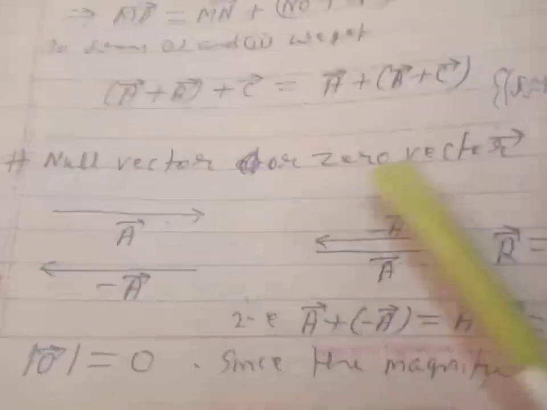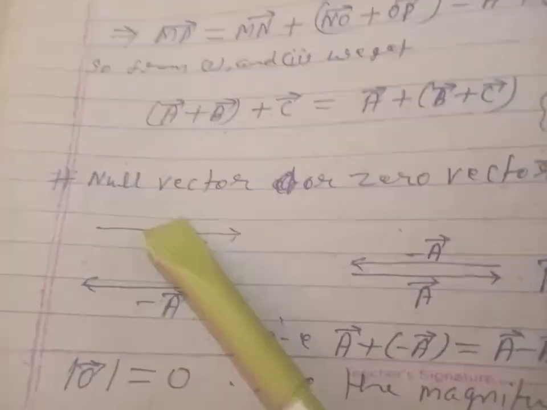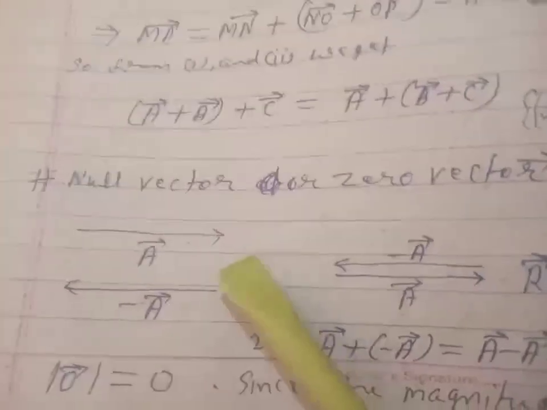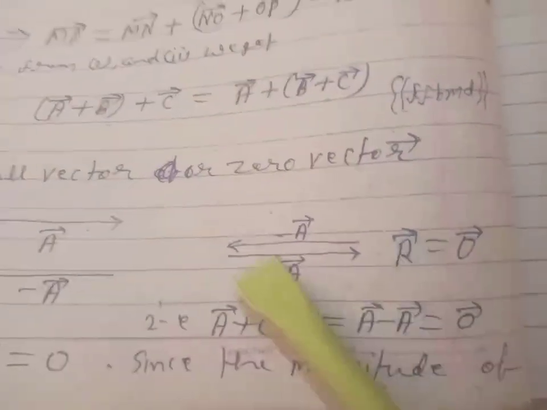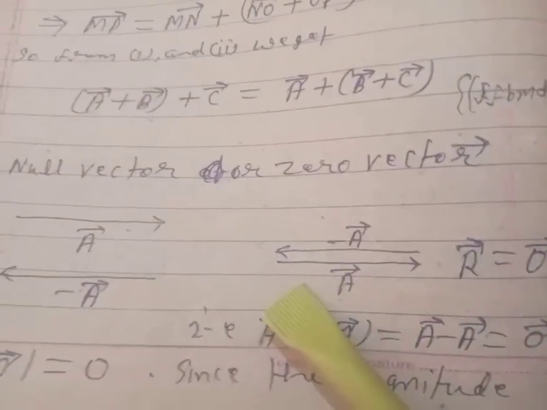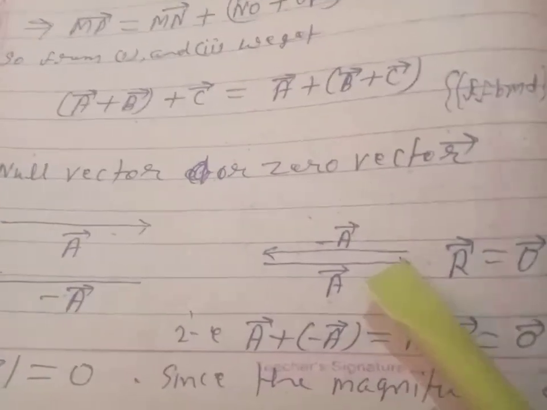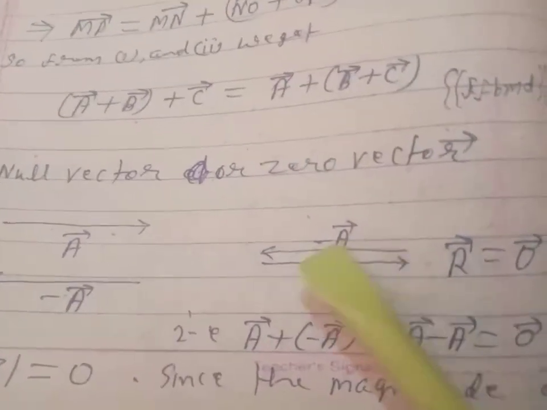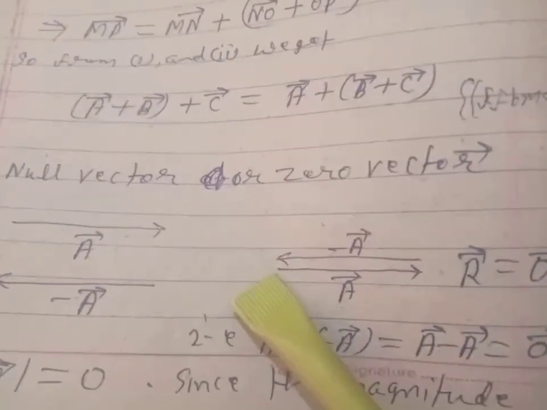Null vector or zero vector. Here A vector is shown and this is minus A vector. If we add these two vectors, then we get the null vector. Here it is shown R vector is equal to 0. We have put the head of A vector on the tail of minus A vector, so it points at the tail of A vector.